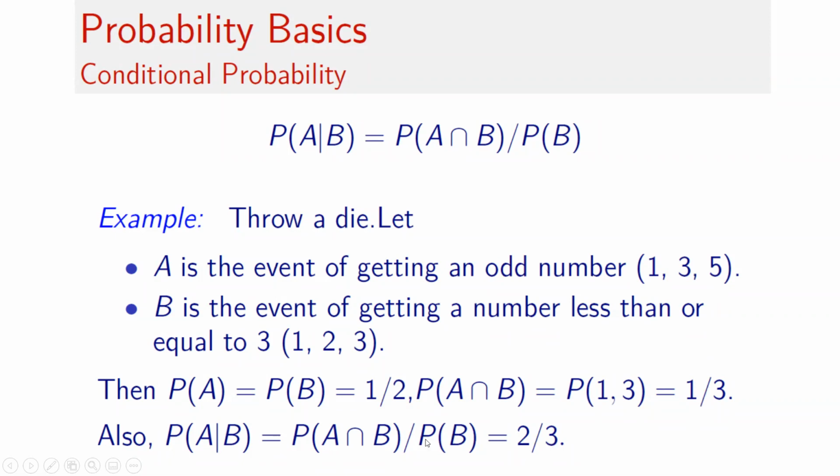So in total, the probability of A given B is equal to 2 divided by 3. One way to think about this is that the intersection is 1 or 3, and the probability of getting capital A is getting 1 or 3, but not 5. So that is equal to 2 divided by 3.